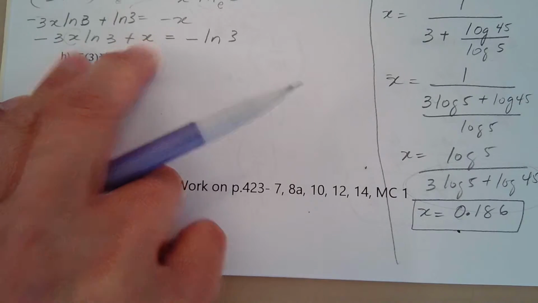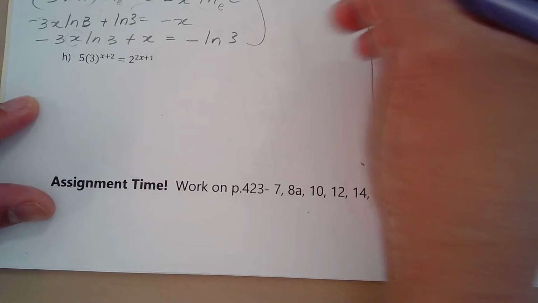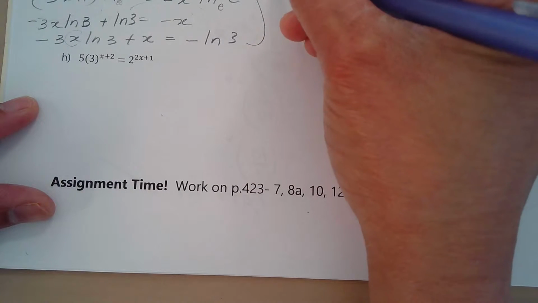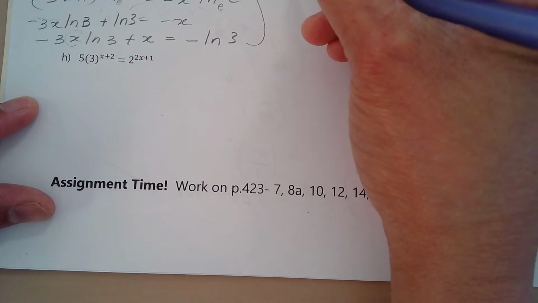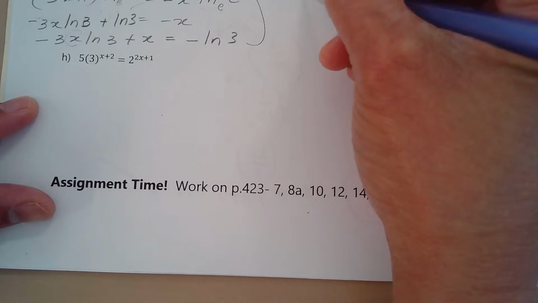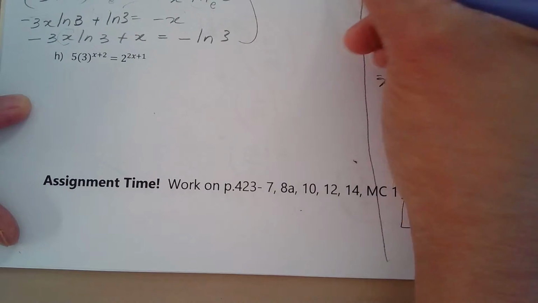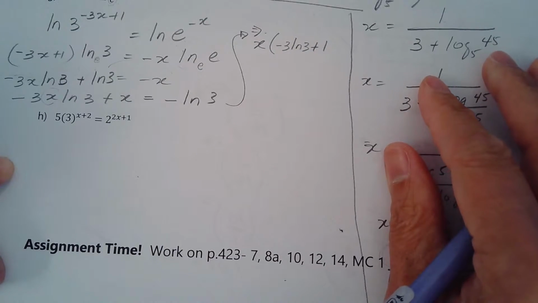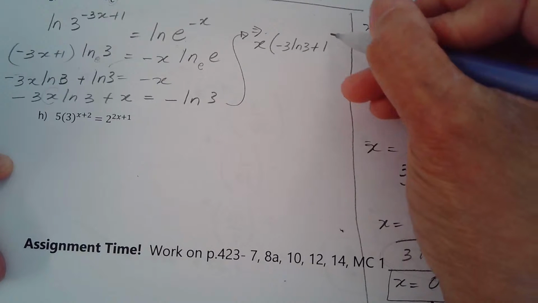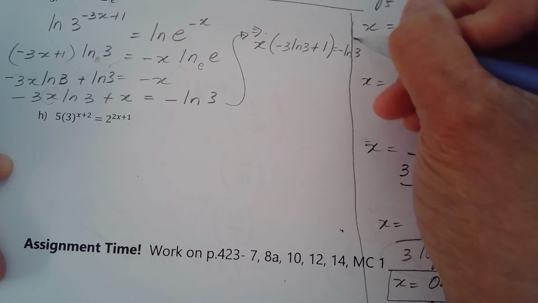The way to extract the x is by factoring. So it becomes x times negative 3 natural log of 3 plus 1, thank you, equals negative natural log of 3.